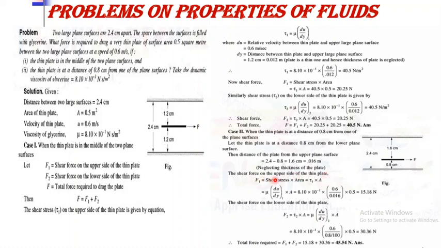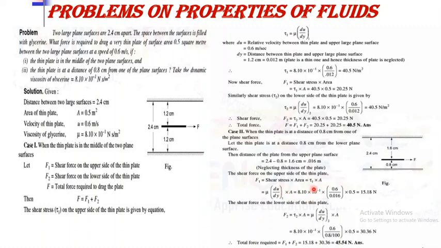So the shear force on the upper side or top side of the thin plate, that is represented by F1, and directly here the shear force is calculated as stress into area, and the value of stress is calculated from the Newton's law of viscosity, and here the formula is mu into du by dy1 into area. So the value of mu is known, that is 8.1 into 10 raised to minus 1.